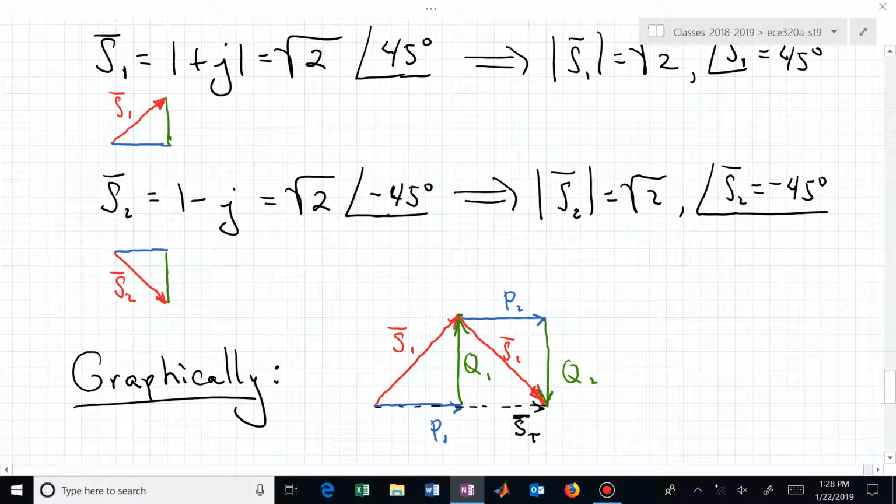And you can see now that the base of this triangle formed by the complex powers is not as long as the sum of the length of S1 plus the length of S sub 2.